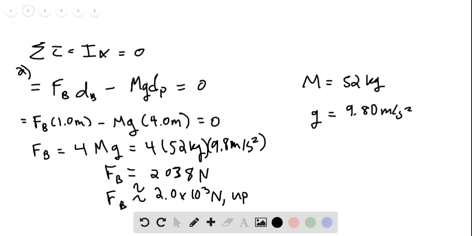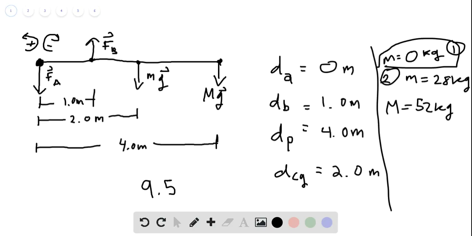So like I said, we can use Newton's law, the sum of the torques. And in this sense, we can just look at our free body diagram and say, well, where are the torques being caused? So here's one. If we chose counterclockwise as our positive direction, then Fb is going to be positive, acting at a distance dB.